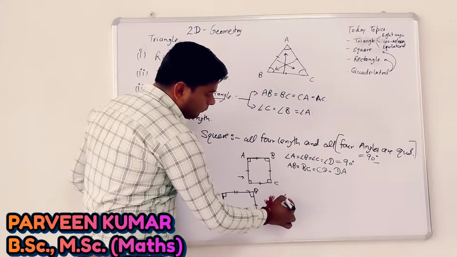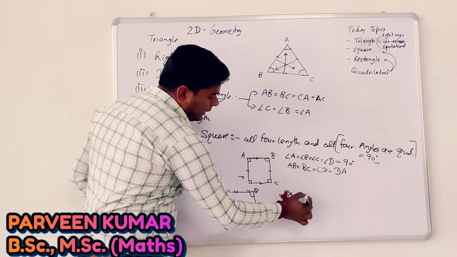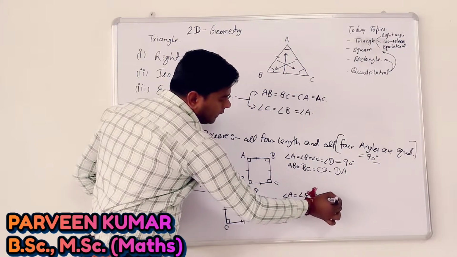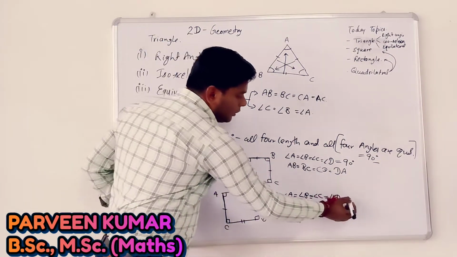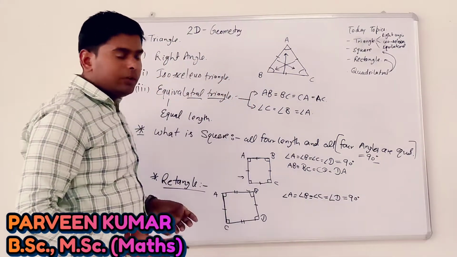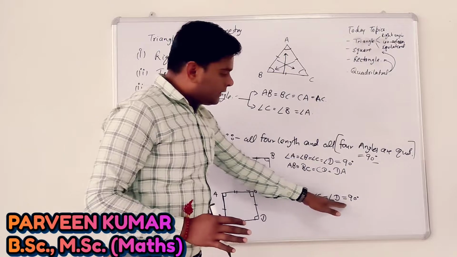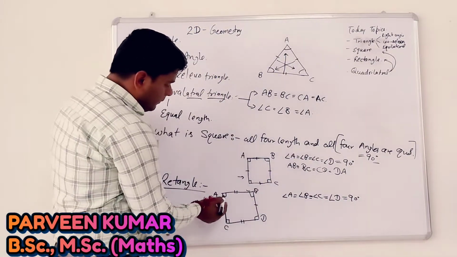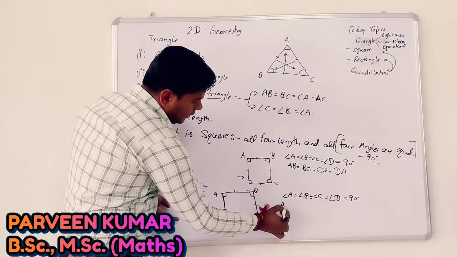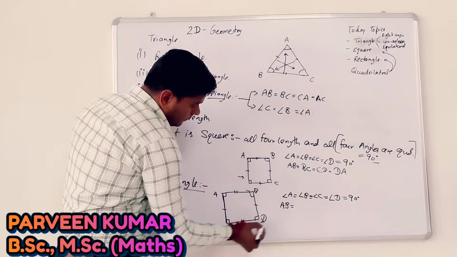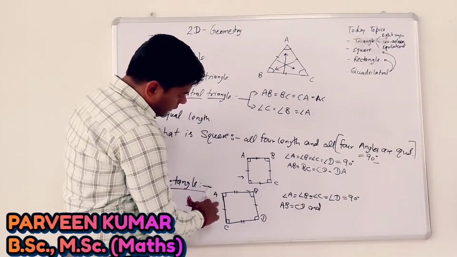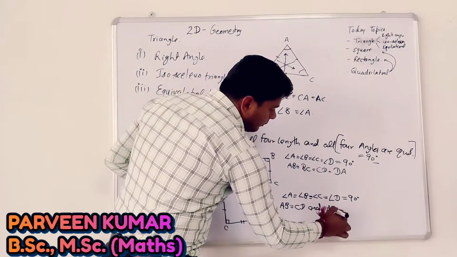Angle A is equal to angle B is equal to angle C is equal to angle D, and all these angles are equal to 90 degrees. Here opposite sides are equal, AB is equal to CD and AC is equal to BD.